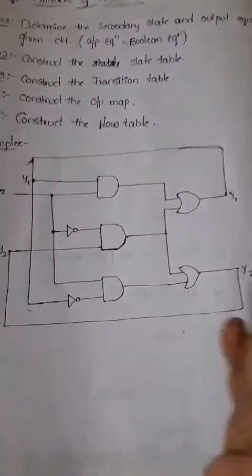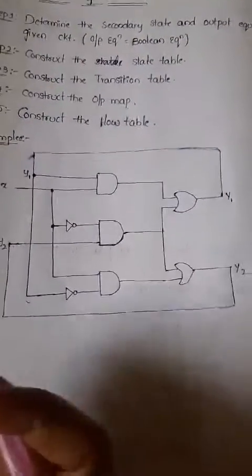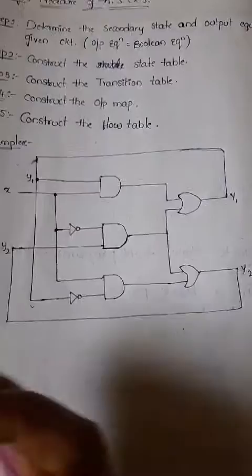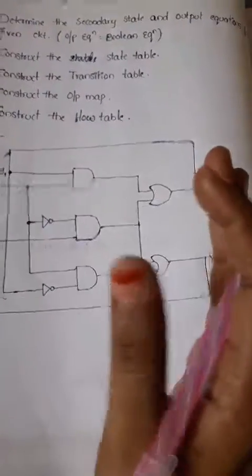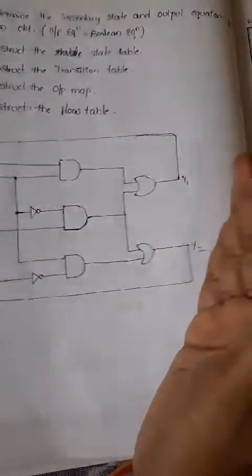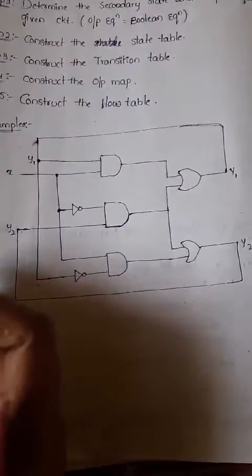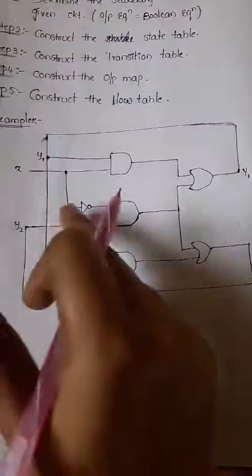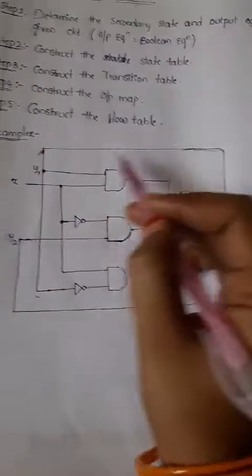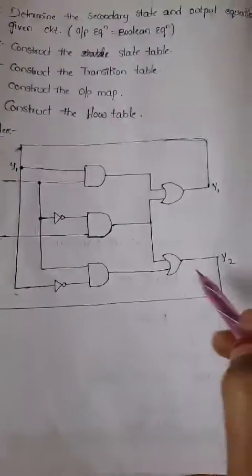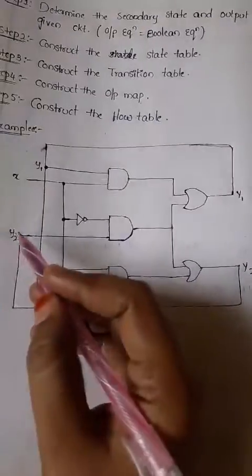You know what is meant by a feedback loop. Already we discussed it in the block diagram of the asynchronous sequential circuit. Feedback means the output is connected back to the input. Just observe here, this output is again back to the input, and here also this output is again back to the input.